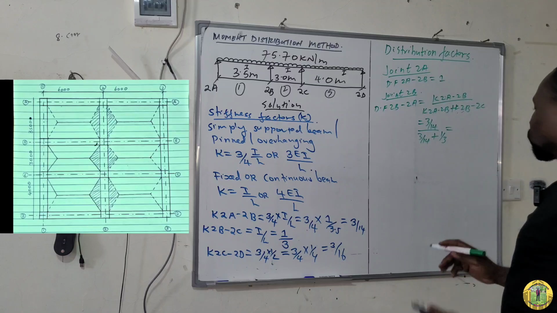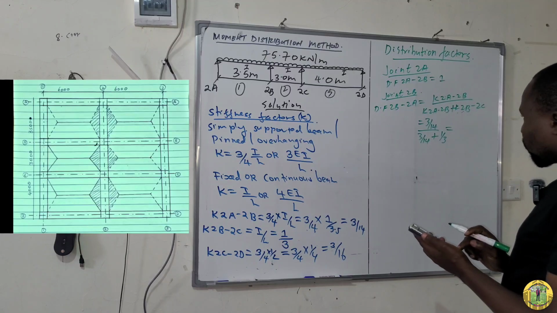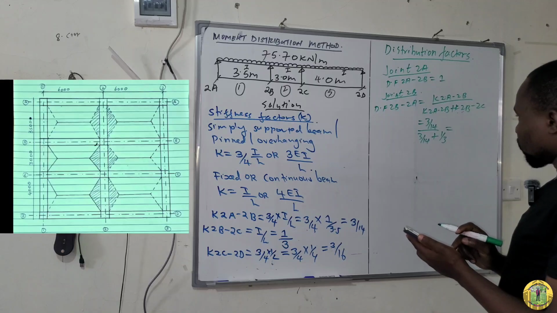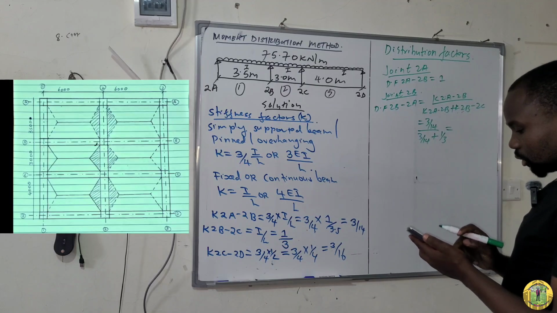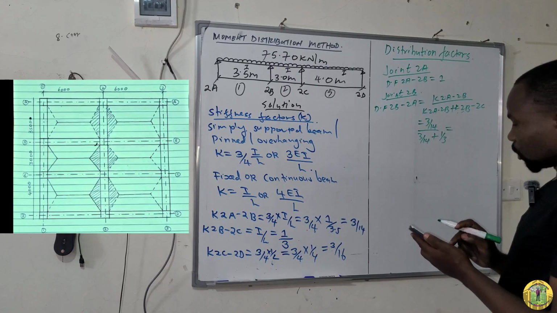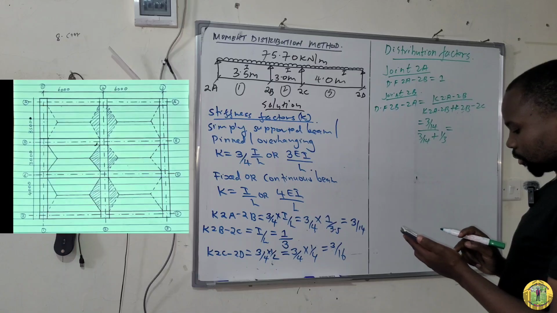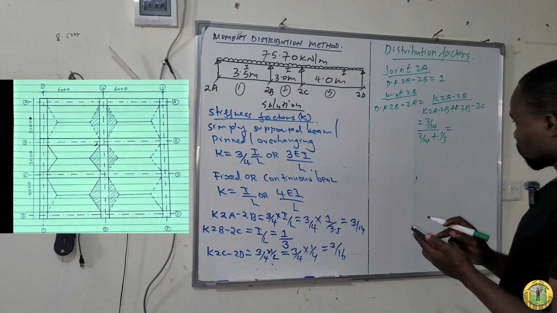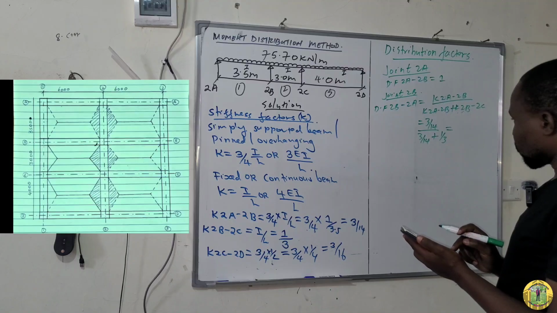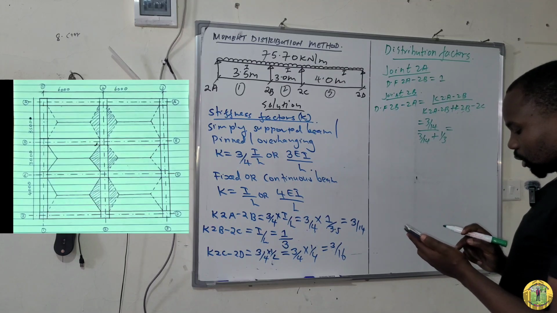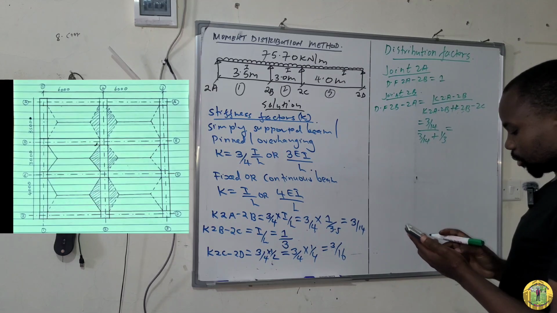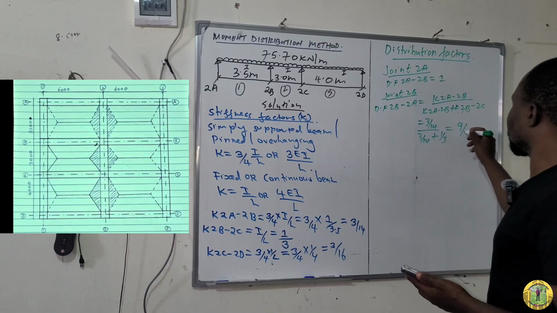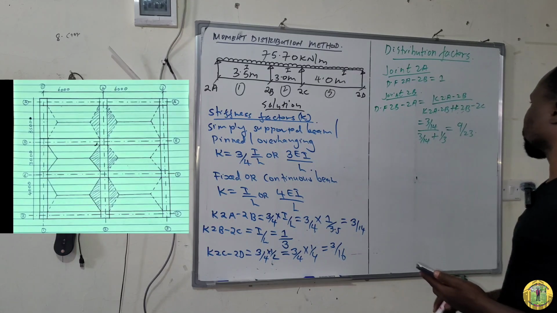So this one is equal to 3 over 14 all over 3 over 14 plus a third. So this is 9 all over 23.